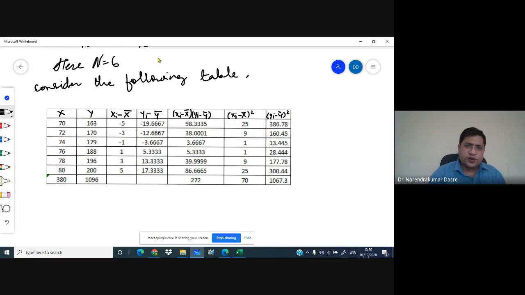We don't need the last ones because we have to find only this line. If you do not calculate them, that's okay, no problem.